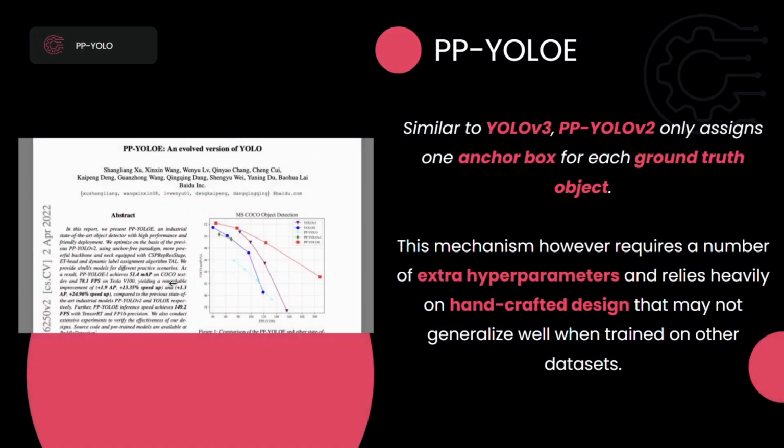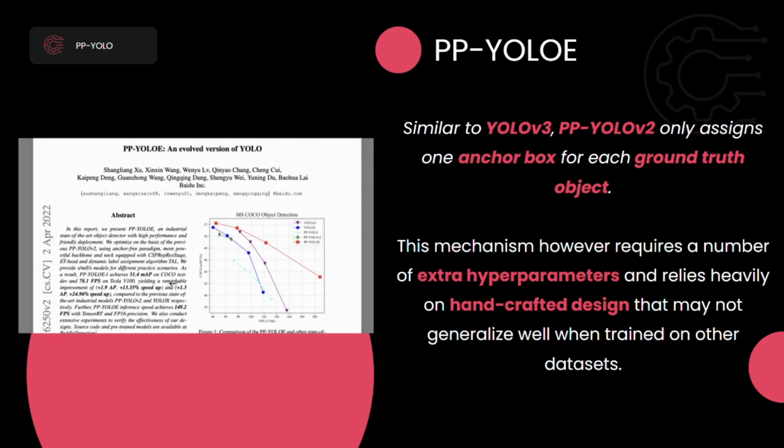Similar to YOLOv3, PP-YOLOv2 only assigns one anchor box for each ground truth object. This mechanism, however, requires a number of extra hyperparameters and relies heavily on handcrafted designs that may not generalize well when trained on other datasets.